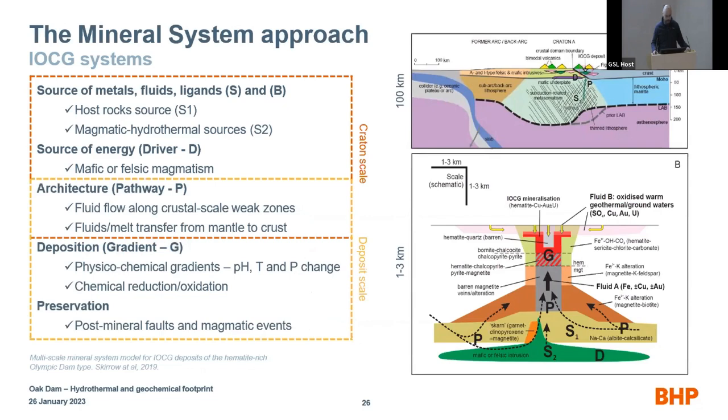It's really good. Please focus your attention on the top right and bottom right images. If we zoom out at a craton scale, this image is highlighting the critical processes you need to form an IOCG in South Australia. You have deep magma, and deep metals and fluids are sourced from the mantle.